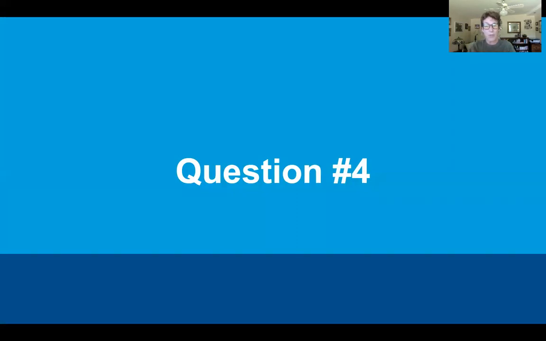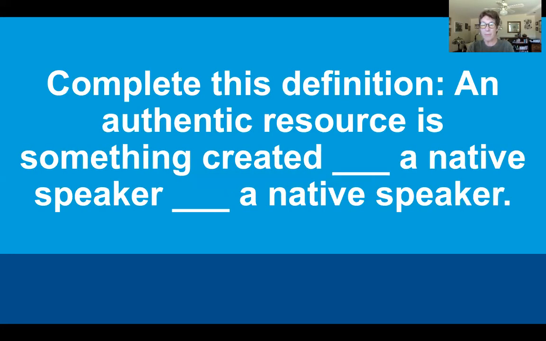So that's our cultural reflection. And now moving on to question 4, complete this definition. An authentic resource is something created, blank, a native speaker, blank, a native speaker.